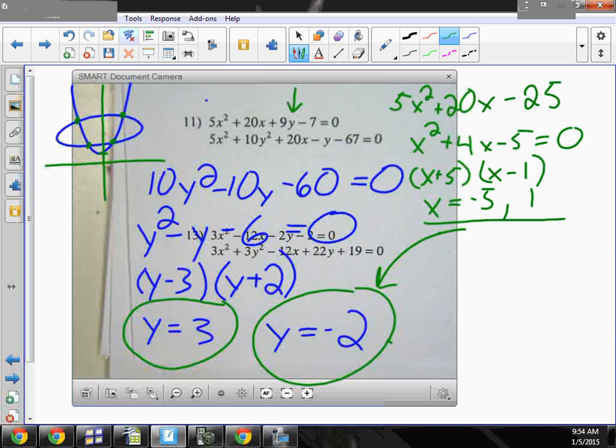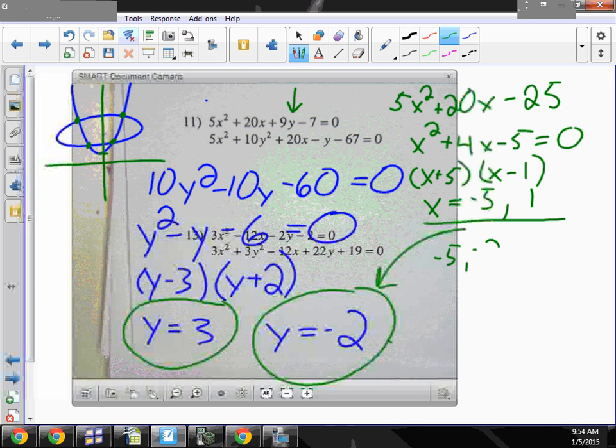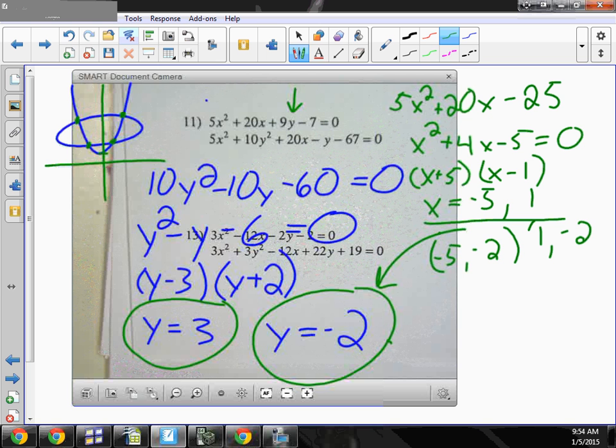Because when I plugged that in, I got a quadratic that has two answers. If I would have plugged it back in and I only get one answer, it would only be one. But I plugged it in and I had a quadratic, so there are two answers. So (-5, -2) is one of the answers, and (1, -2) is another answer. So there are at least three.